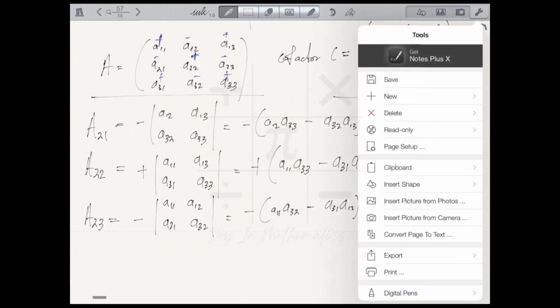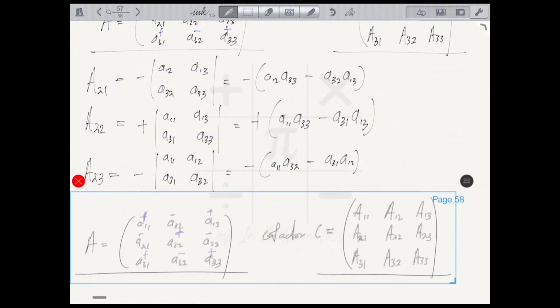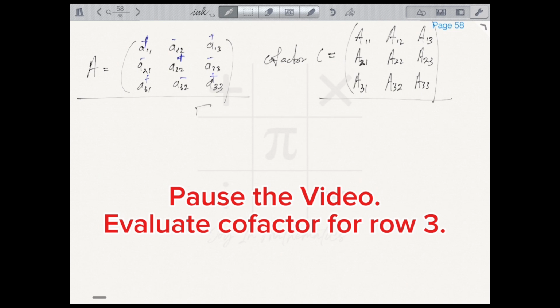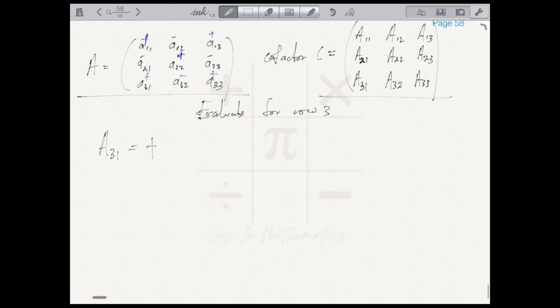Now you can pause the video right away and let's see what we can do when we want to evaluate for row 3. Pause the video and evaluate for row 3. So we are looking for A31, A32, and A33. Let's continue. A31 now is equal to, first the place sign, positive.